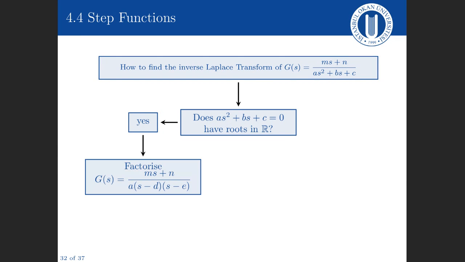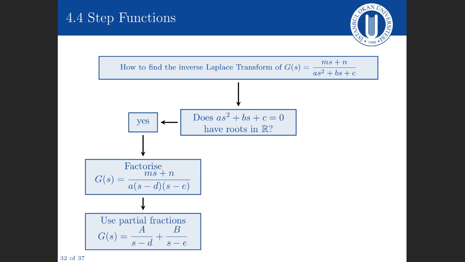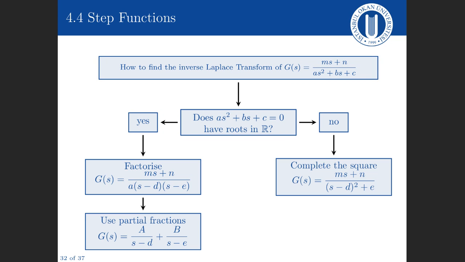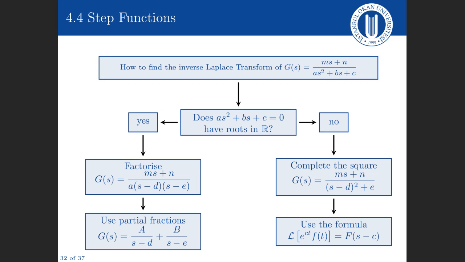If the answer is yes, we factorize and then we use partial fractions. If the answer is no, then we complete the square and then we use this formula for the Laplace transform of e to the power ct f of t is capital F of s minus c.